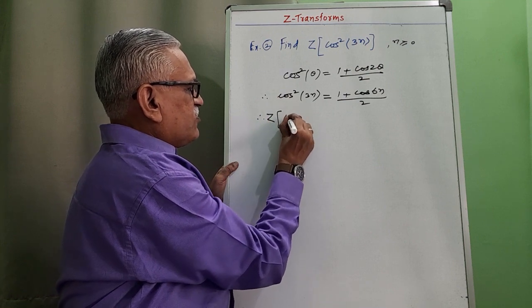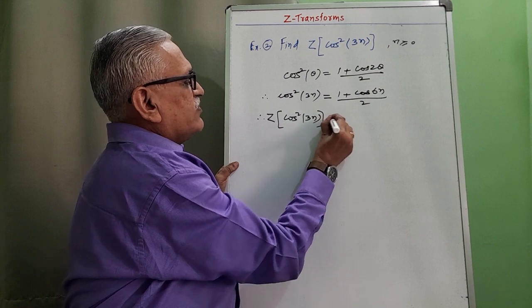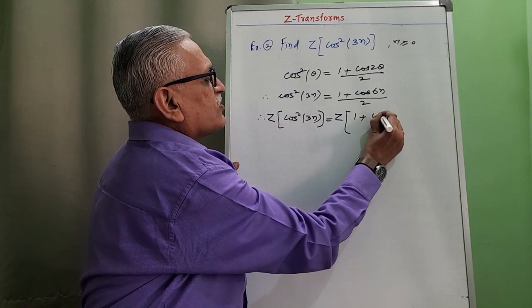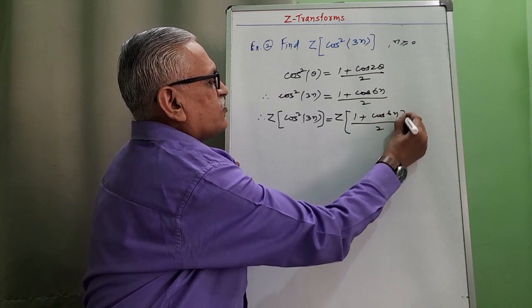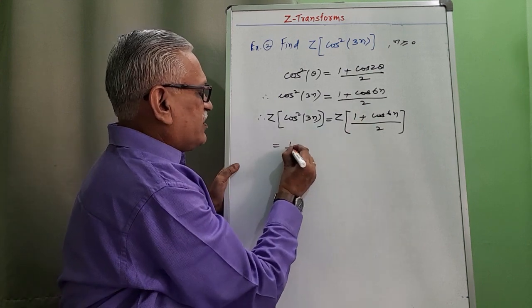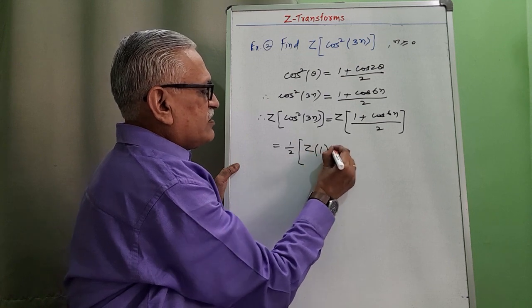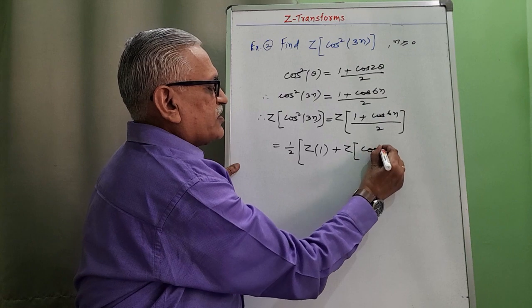Z transform of cos²(3n) means Z transform of the right hand side term (1 + cos 6n)/2. It is equal to 1/2, which we can take outside as a constant term, Z transform of the first term 1 and Z transform of the second term cos 6n.